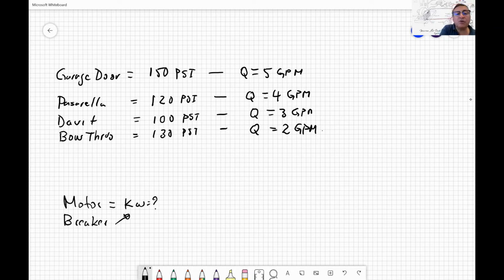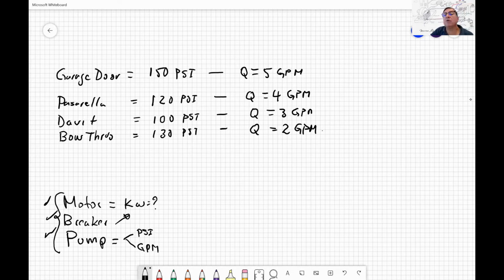And I need to calculate the capacity of the pump, in PSI and gallons per minute, because I am going to use a central hydraulic unit with one electric motor, with the breaker and the pump. All right, we are going to calculate the pump.